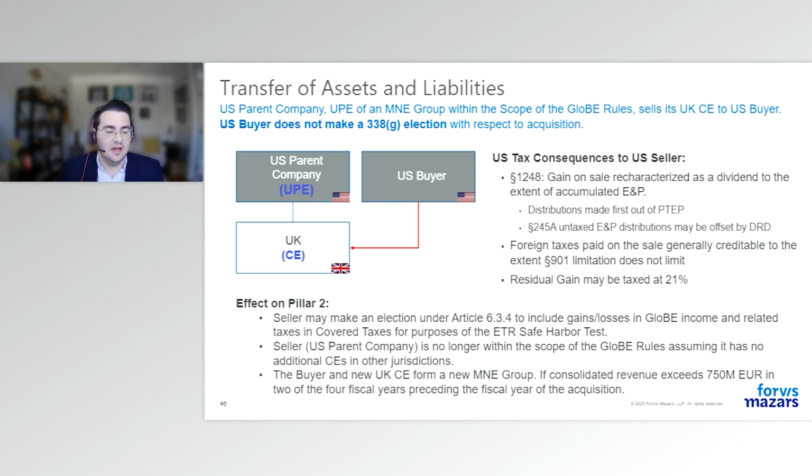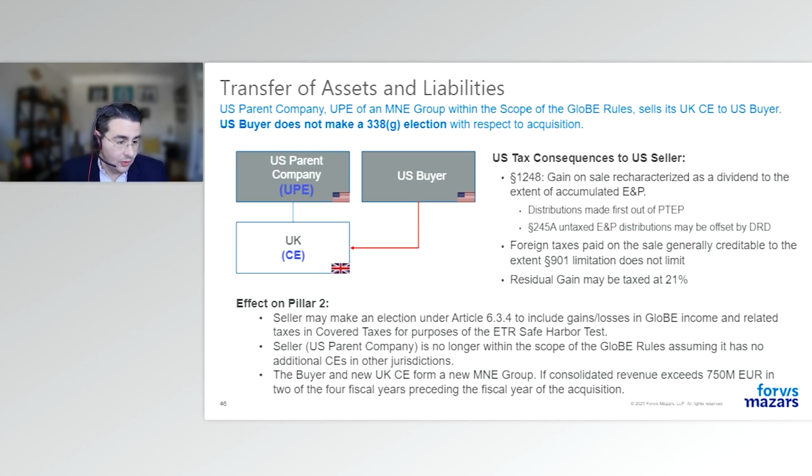That's the equity investment inclusion election, which basically overrides 3.2.1c to allow the seller to include that gain and taxes and hopefully help its Pillar 2 calculation for that jurisdiction.